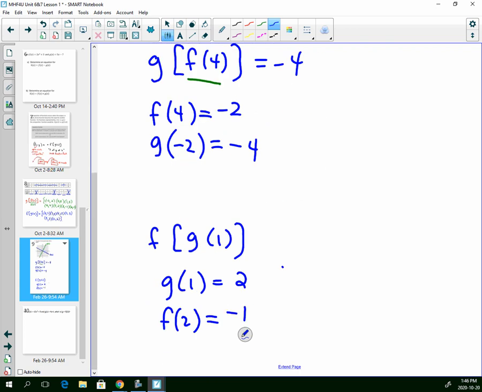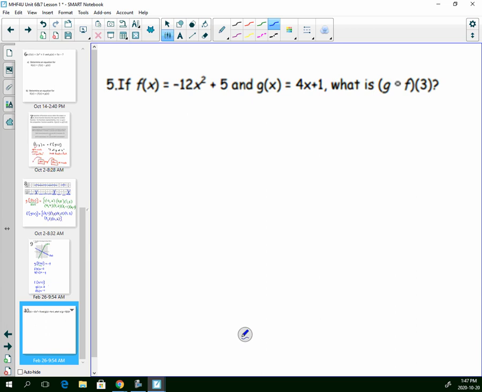Okay, so if you have a graph, you just read it off the picture and sub it into the next function. If you have equations, same thing. You're going to do the inside function first, and then take that output and sub it into the input of the next function.